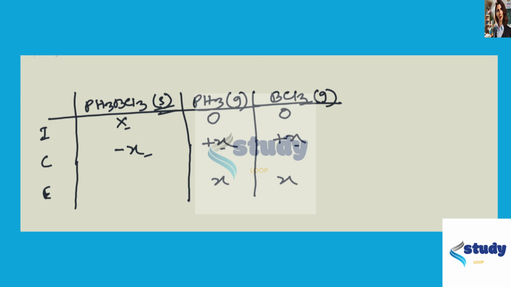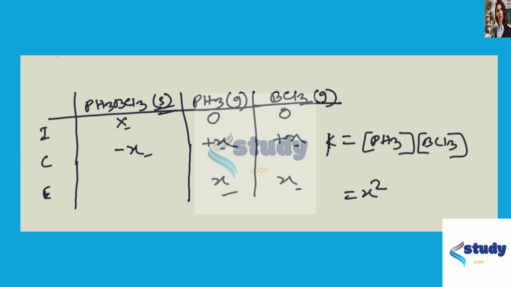Now from here we can set up our equilibrium constant expression. K will be equal to the concentration of pH3 times the concentration of BCl3. This is our product concentration. And from here we can write it as x squared, since both of these concentrations are x. So x squared is equal to K.